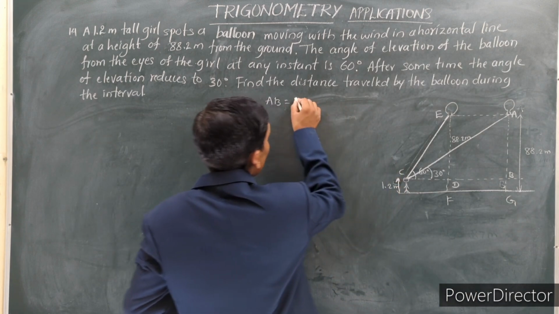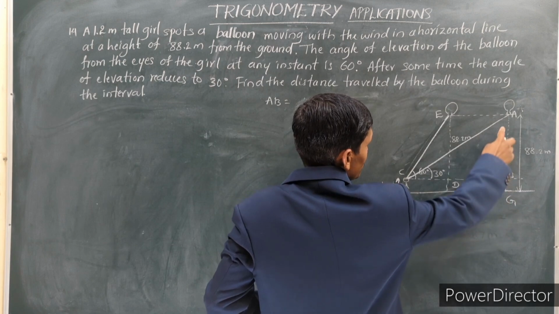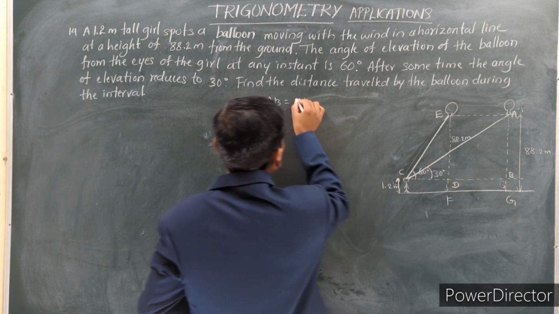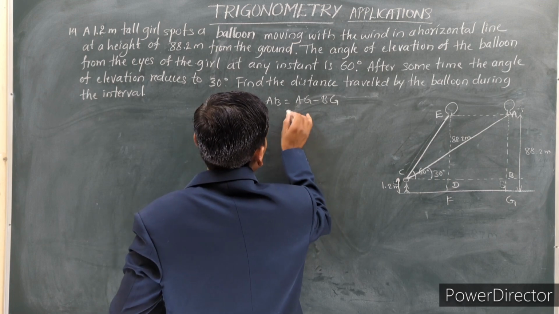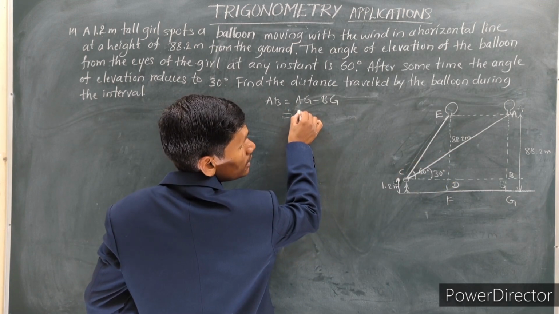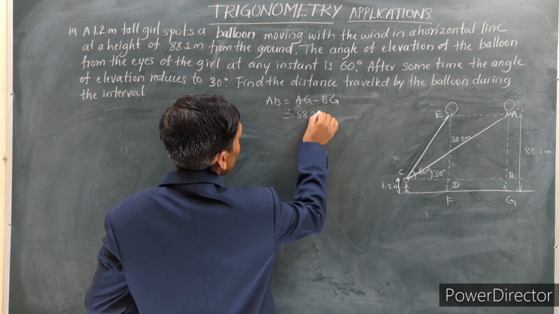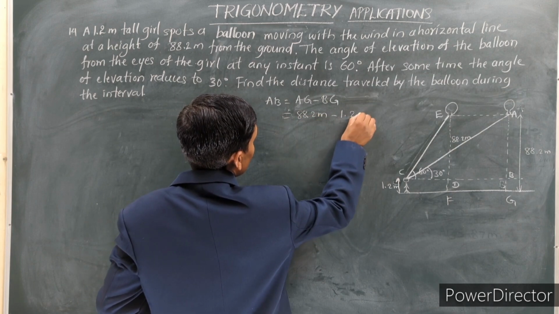Now, how do you get this one? AB is AG minus BG. AG is the total 88.2 meter minus the girl's height, 1.2 meter.